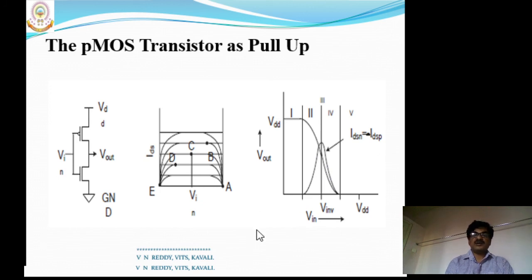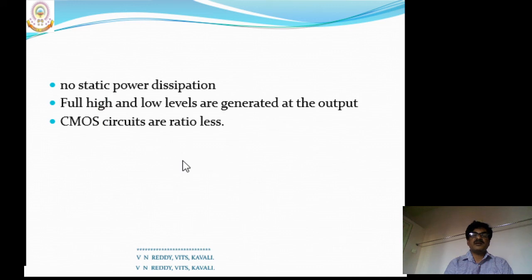So with this, the conclusion with reference to the CMOS inverter is that there is no static power dissipation. Full high and low levels are generated at the output, that is, the voltage levels are perfect with reference to logical low and logical high.